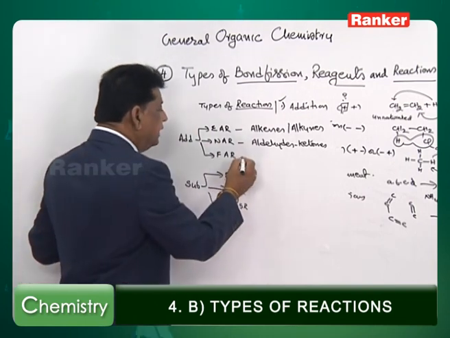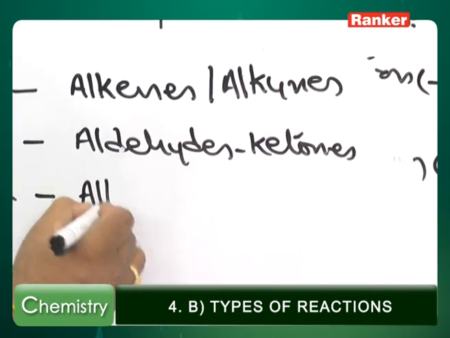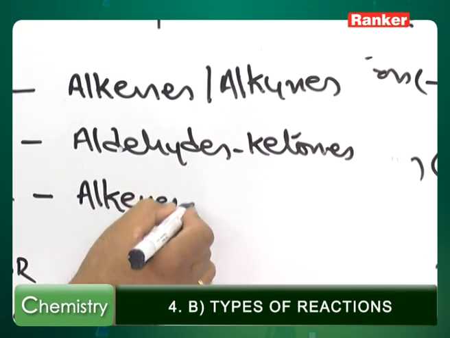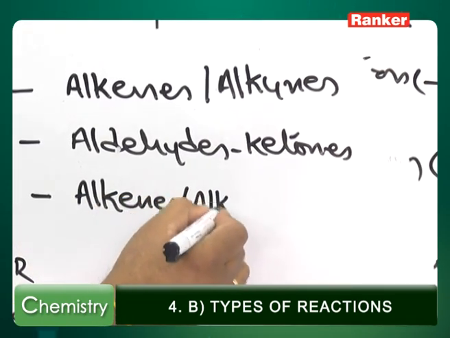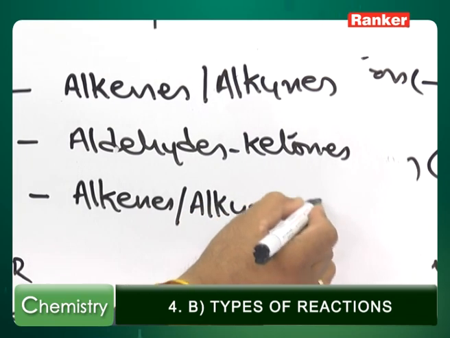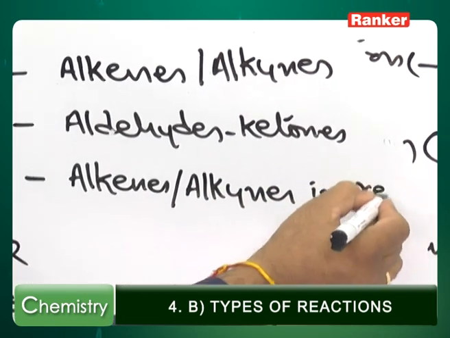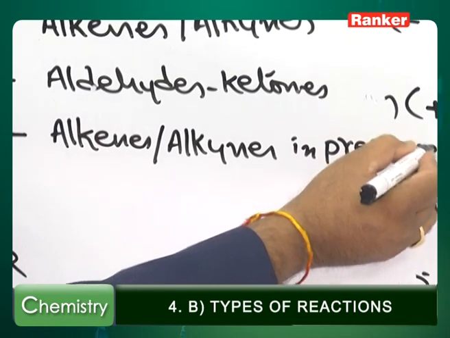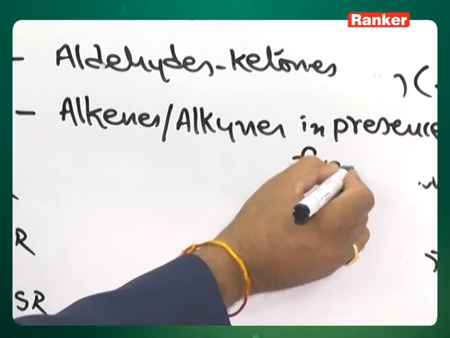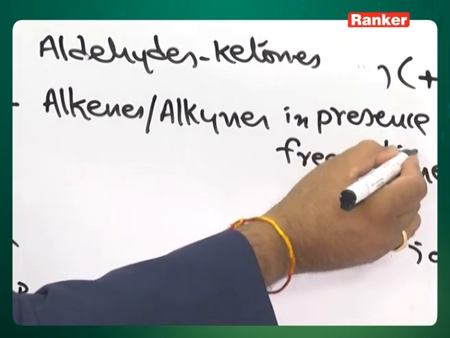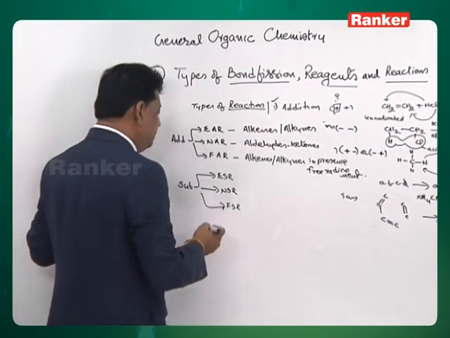It is addition, specifically nucleophilic addition. In the free radical addition, again alkenes and alkynes undergo this reaction, but in the presence of radicals, in the presence of free radicals. Whenever free radicals are there as a catalyst, this reaction takes place.